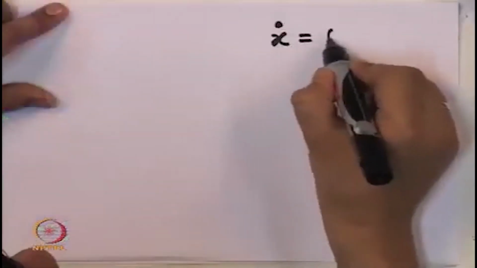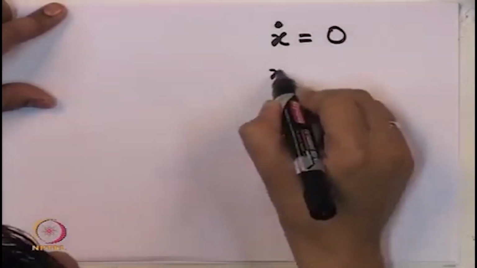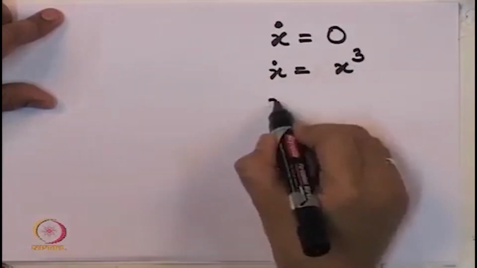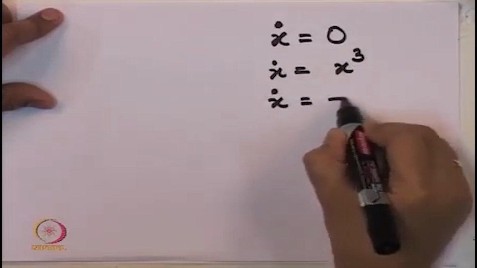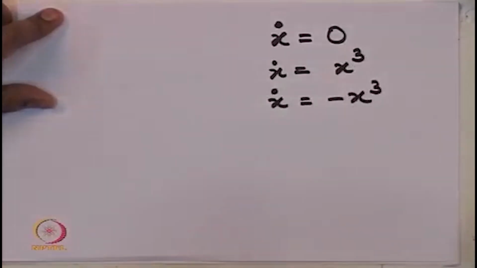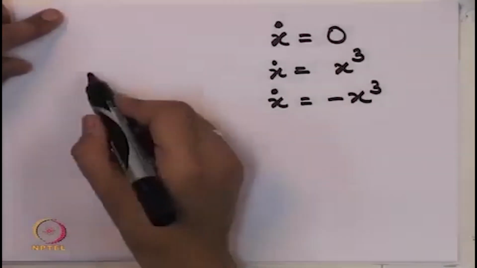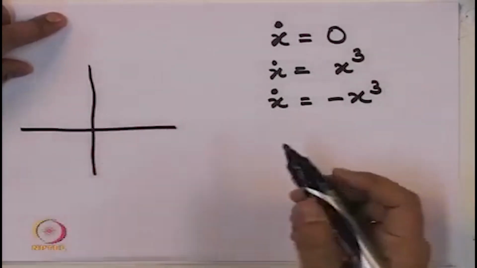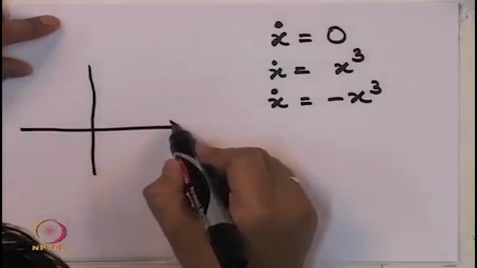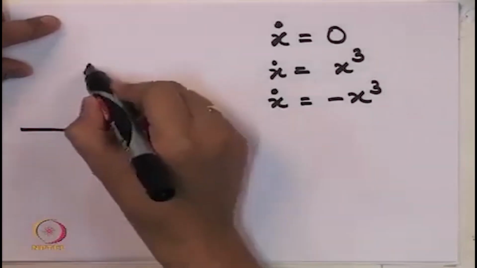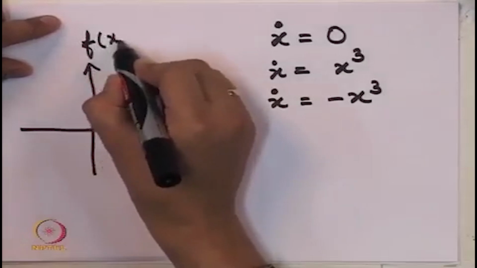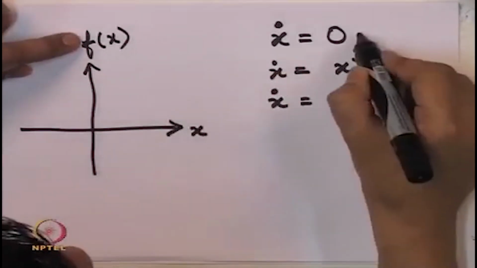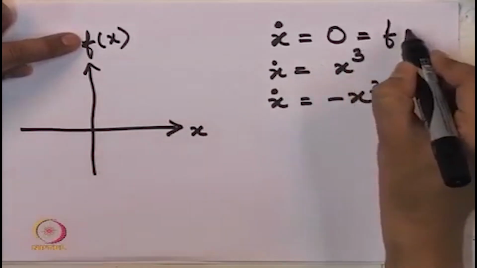x dot is equal to, let's say, 0, x dot is equal to x cube, and x dot equal to minus x cube. For these three differential equations, we will see that in each of the cases the tangent has slope 0 at the equilibrium point. So, we are drawing the graph of f versus x. In this particular example, f is equal to 0.